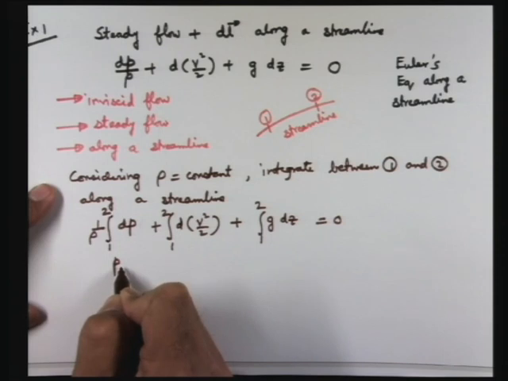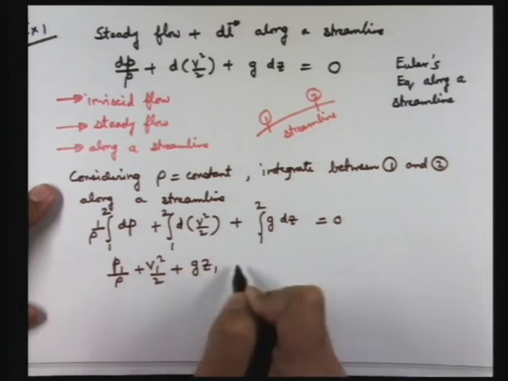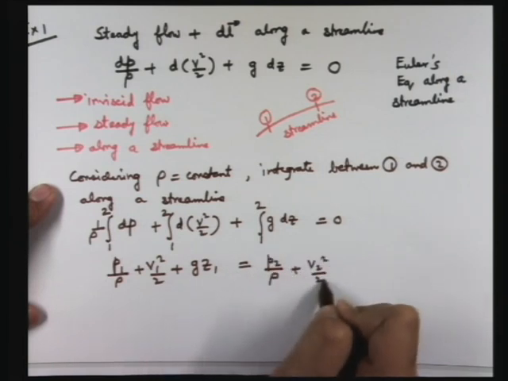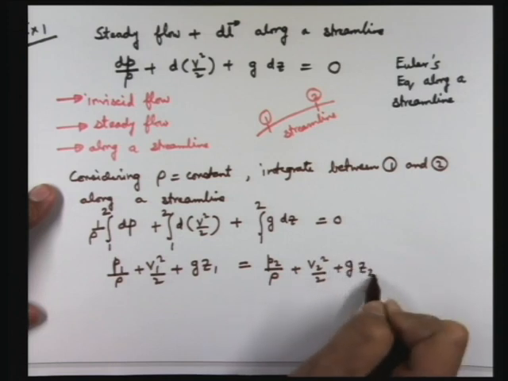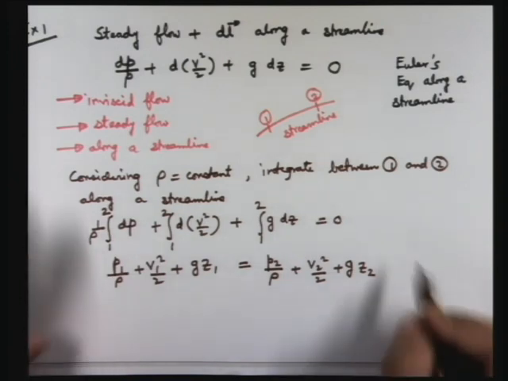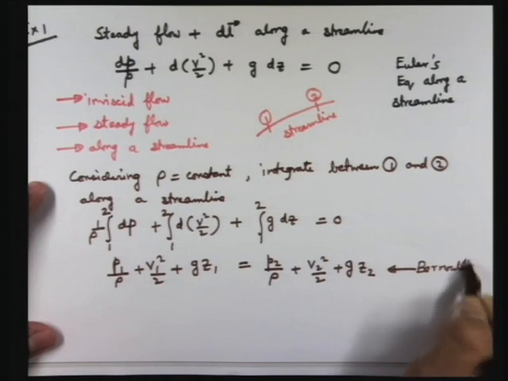So p1 by rho plus v1 square by 2 plus g z1 is equal to p2 by rho plus v2 square by 2 plus g z2, which is nothing but the Bernoulli's equation along a streamline.